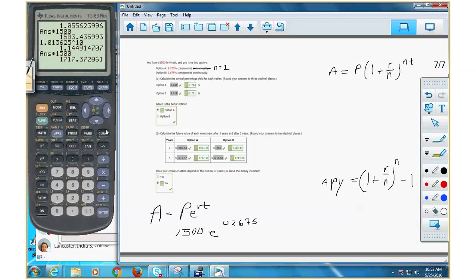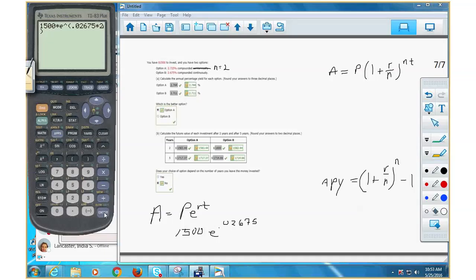So take your handy dandy calculator and go 1500 times second E, parentheses, 0.02675 times, and help me out, 2, right?